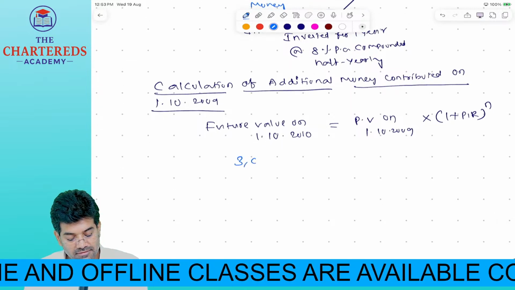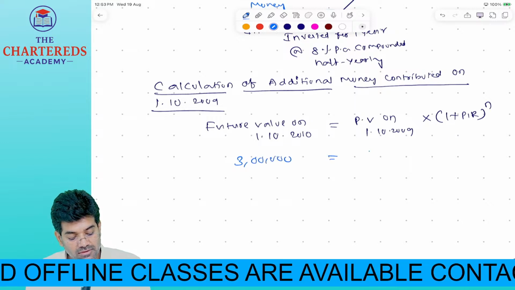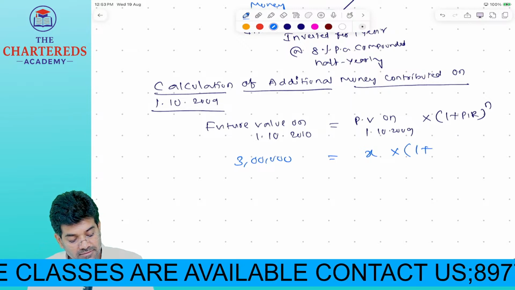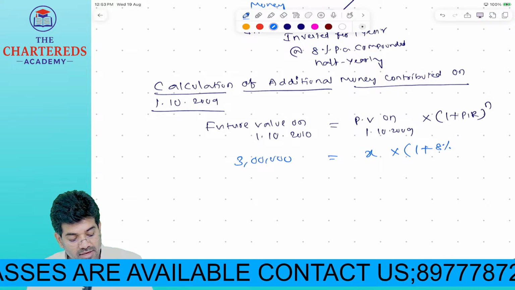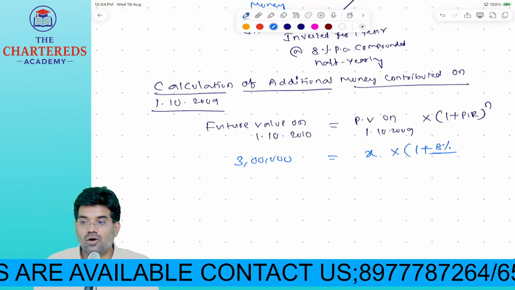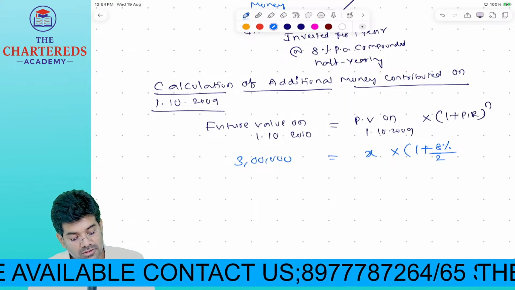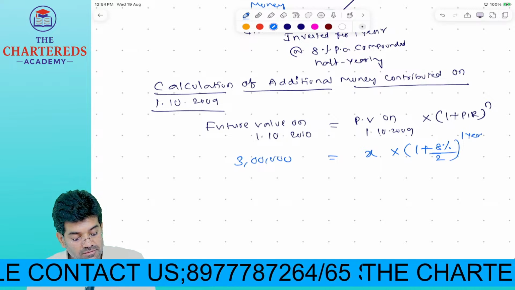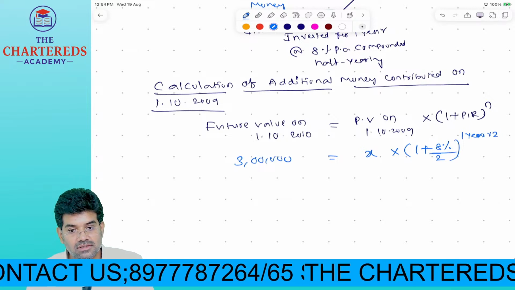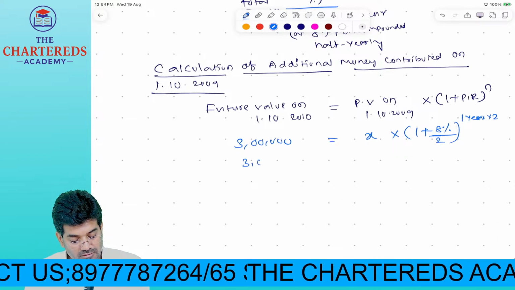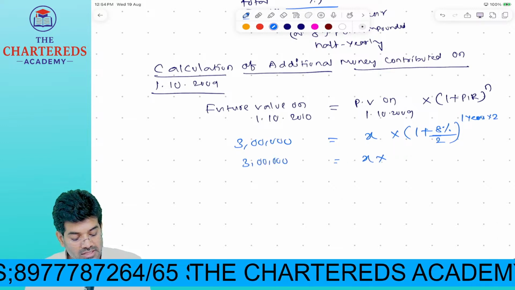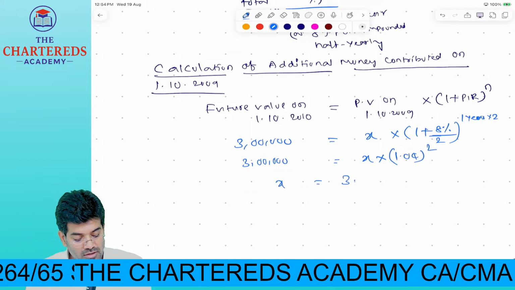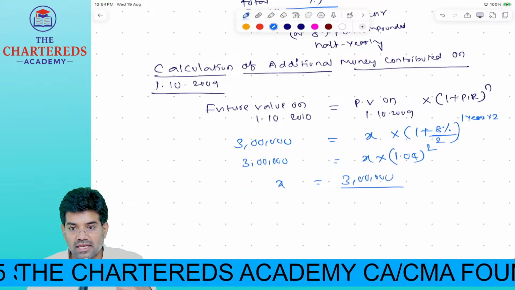So 3 lakhs is equal to x, into 1 plus 8% divided by how many times compounding will happen in a year, 2 times, for 1 year into 2 times. 3 lakhs is equal to x into 1.04 whole power 2. Therefore, x is equal to 3 lakhs divided by 1.04 whole power 2, just use the calculator.